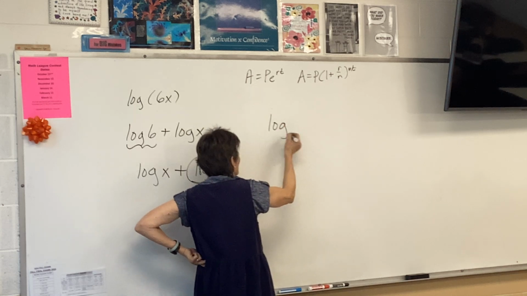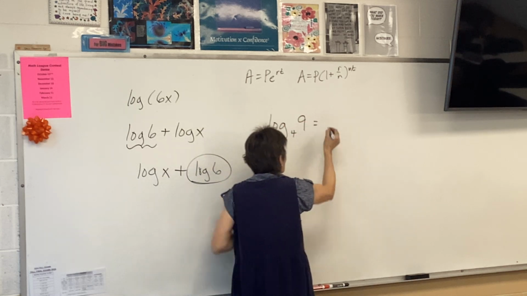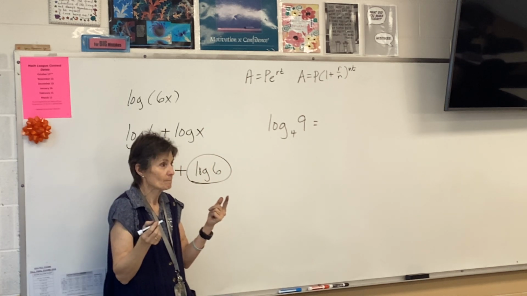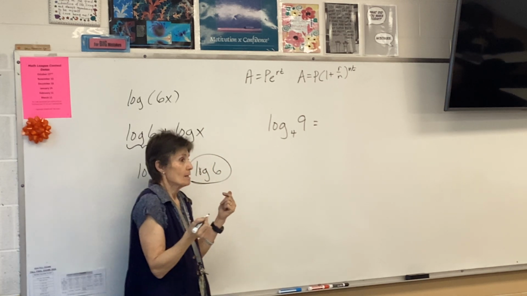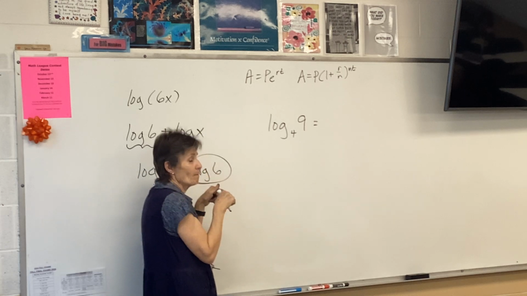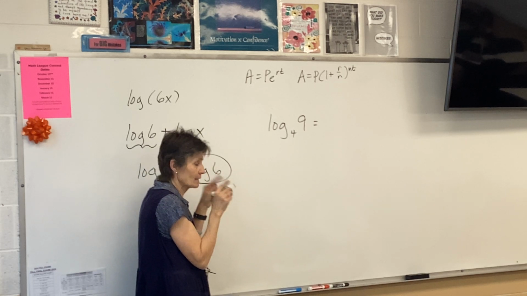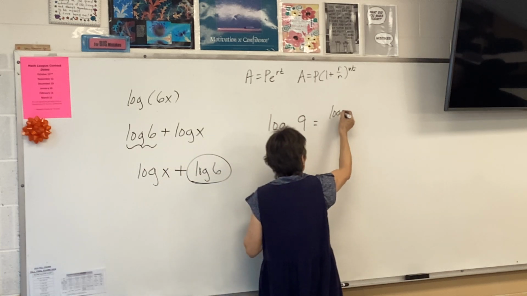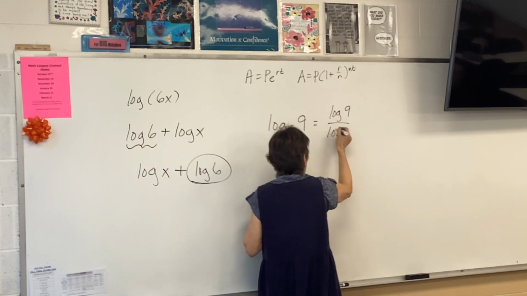If we have the log base 4 of 9, I know you can type that in on your calculators, most of you anyway. But what I'll type in on my calculator, because I don't have a magic button, is log 9 over log 4.